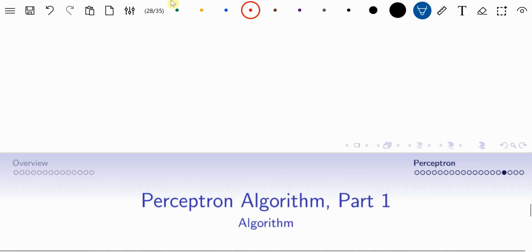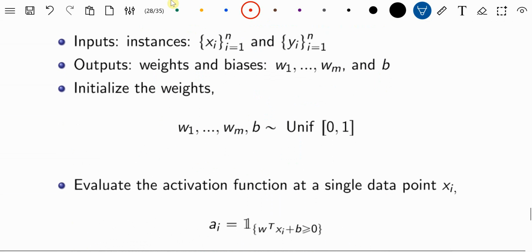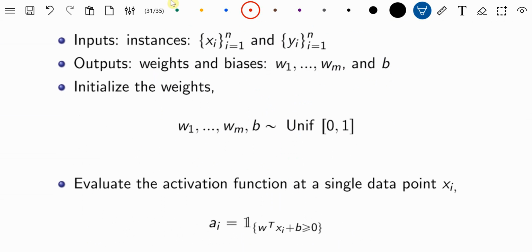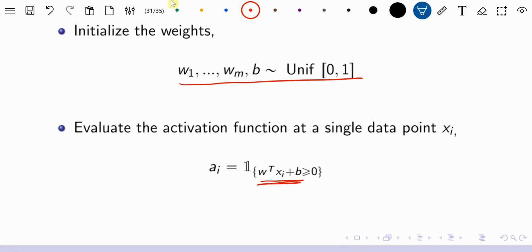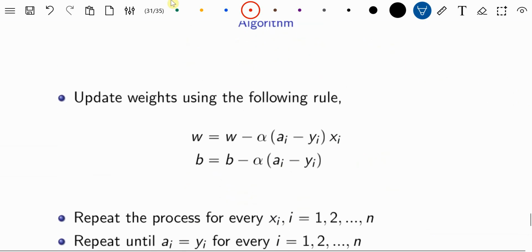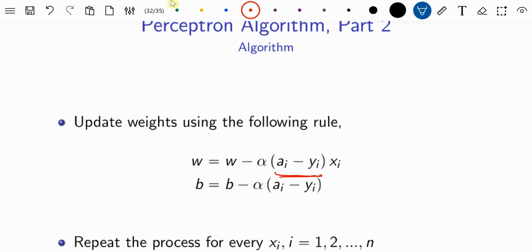So to conclude, we are given the instances, the training data set. We start by initializing the random weights, and then we classify a particular point x, and then if the classification is incorrect, we update.